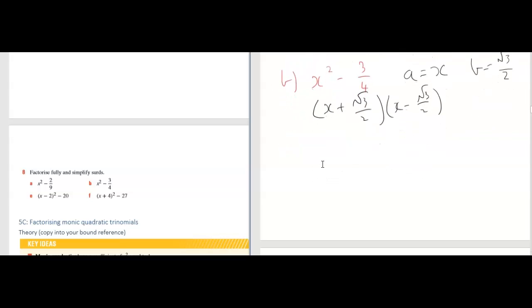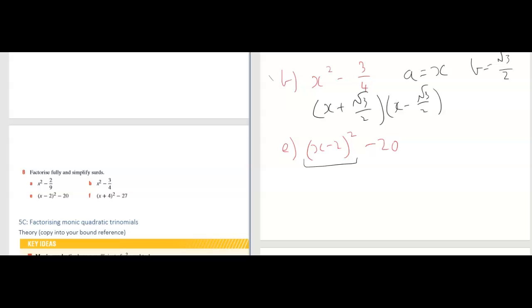So let's have a look at, what is it, E? Let's get my mouse working. Come on. Okay, E, we've got x minus 2 squared minus 20. All right, so this is still the difference of perfect squares. A still comes from this whole expression.